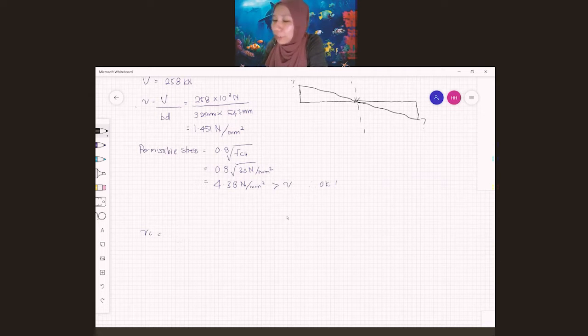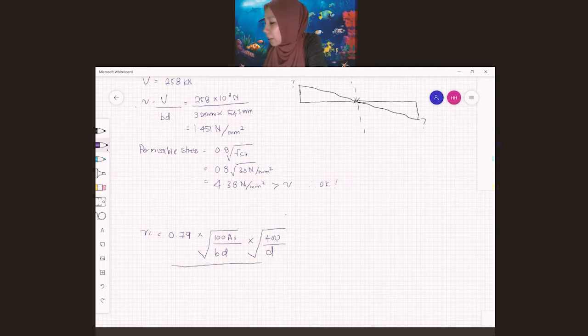As you know, the formula yang panjang tu, ingat lagi, we have this formula of 0.79 times 100 AS divide by BD and times with square root 400 divide by D. Okay.